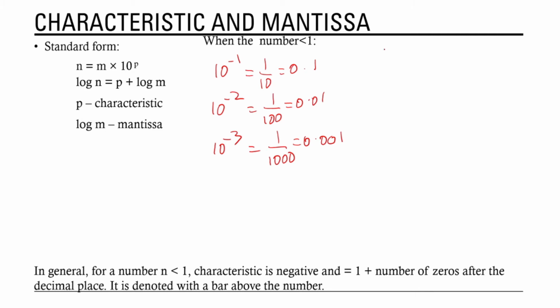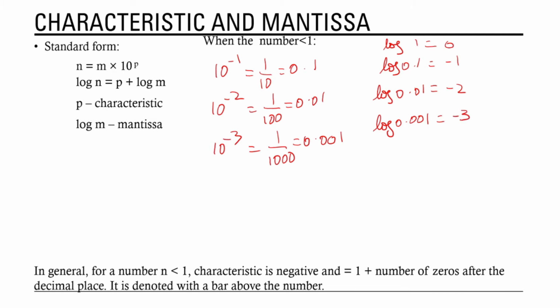We already know log 1 is 0, then log 0.1 is minus 1, log 0.01 is minus 2, log 0.001 is minus 3.